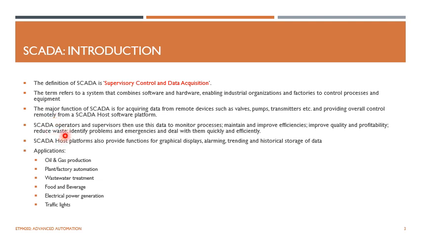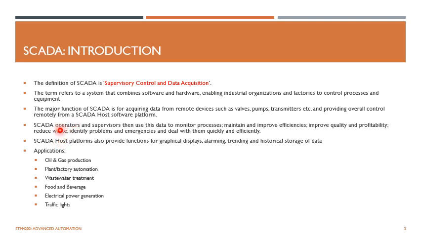The major function of SCADA is acquiring or collecting data from remote devices. It could be input-output devices or data coming from a PLC, and those data will be displayed on the SCADA software platform. SCADA operators and supervisors then use this data to monitor processes.